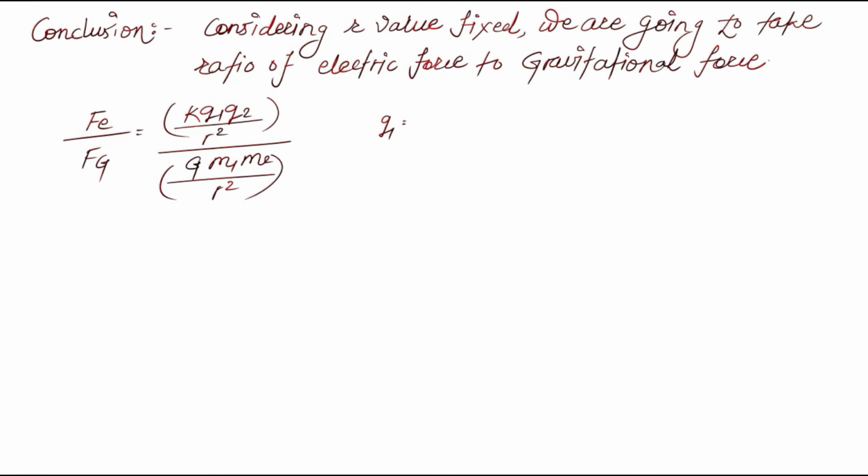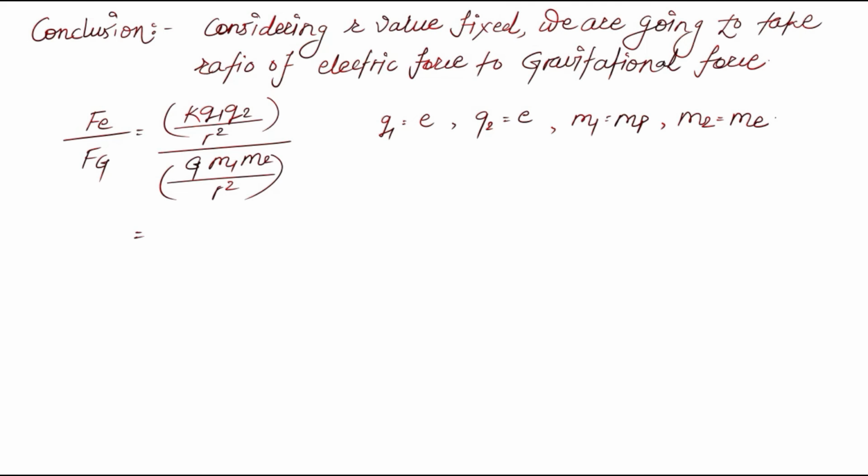Q1 is the charge on the electron, let us say, which is e. Q2 is the charge on the proton, which is also e. The magnitude is the same here. M1 is the mass of the proton, let us say, and M2 is the mass of the electron.